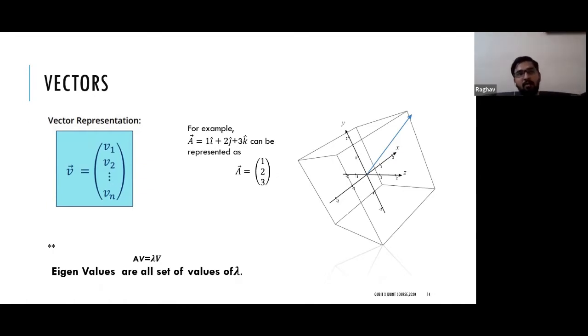And for a more advanced learner, I would like to tell you that whatever we are doing till now in our mathematics or physics, we are doing it in Euclid geometry. But in quantum mechanics, we will discuss everything in Hilbert space or Hilbert geometry. What it means is that there is a space where there are some rules that are not followed in Euclid.